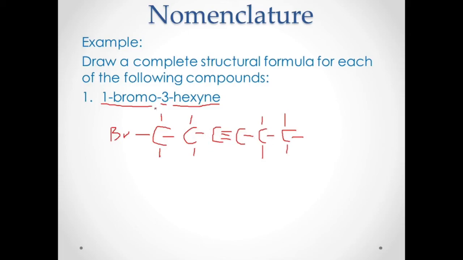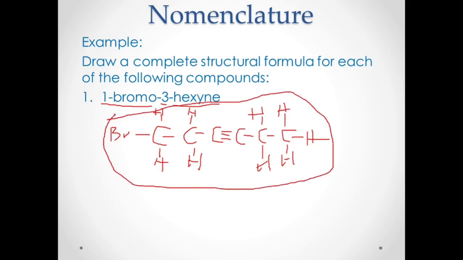Those remaining bonds come from hydrogen. That is where your hydrogen is. Those bonds there, this one also, and that one, and this for your hydrogen. This one also. Then you're done. This is now the structural formula for 1-bromo-3-hexyne.